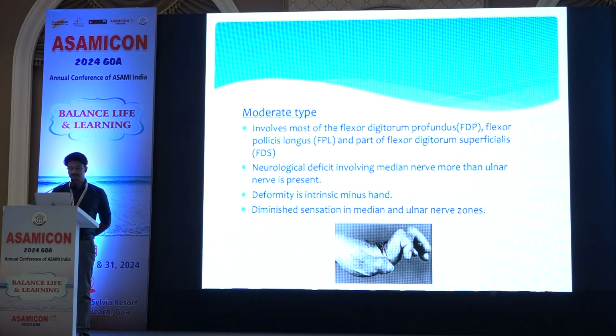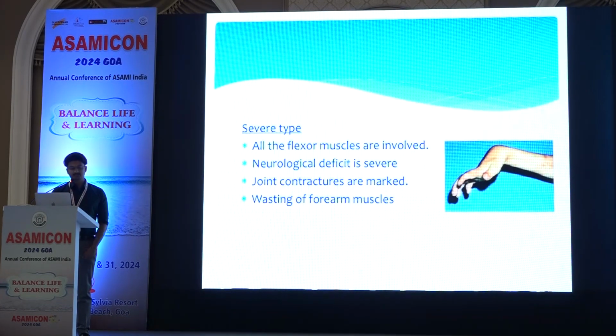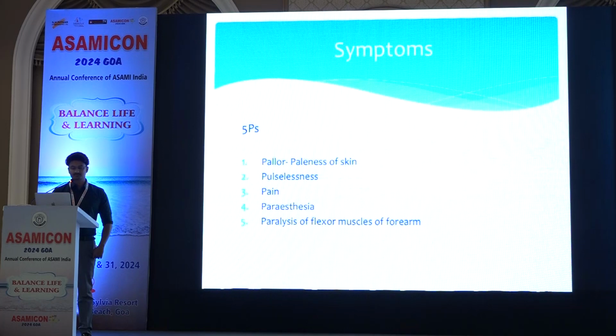There is neurological deficit involving the median nerve more than the ulnar nerve. Deformity is an intrinsic minus hand, and there is diminished sensation in median and ulnar nerve zones. In the severe type, all flexors are involved, with marked neurological deficit, joint contracture, and wasting of forearm muscles.